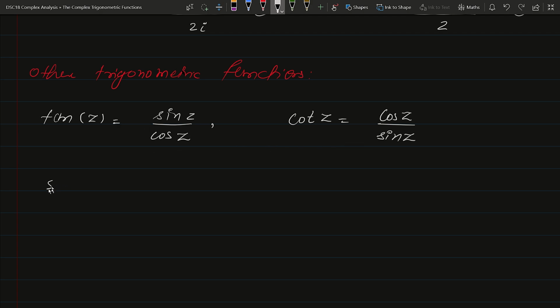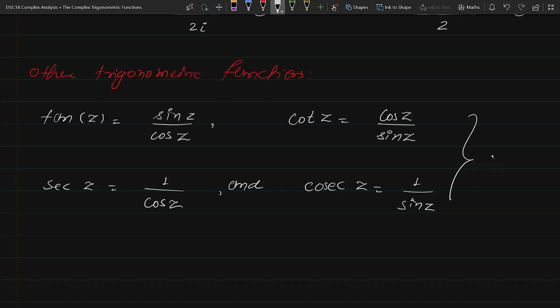And the function sec z can be given by 1 over cos z, and cosec z is equal to 1 over sine z. Let us call these equation number 7. So whenever we refer to equation number 7, we are talking about one of these formulas.